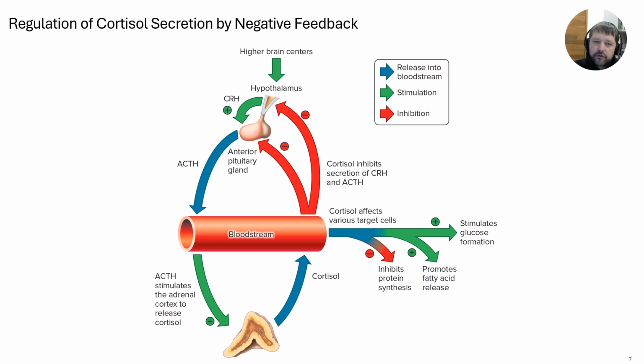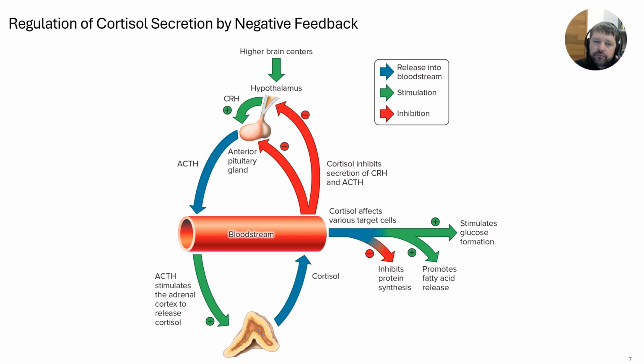So remember, the anterior side involves blood flow, hormones flowing in via blood. Okay, that's going to release the adrenal corticoid hormone, and then that adrenal corticoid hormone is going to entice or stimulate the adrenal cortex to release cortisol, and then cortisol has a bunch of different effects.